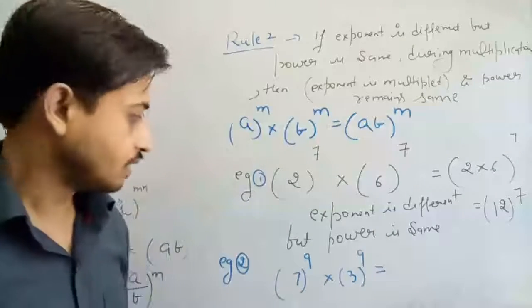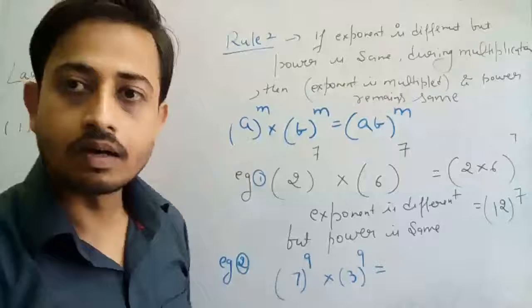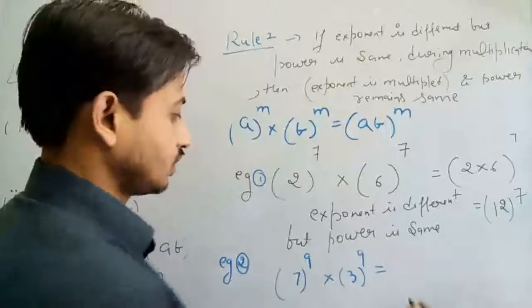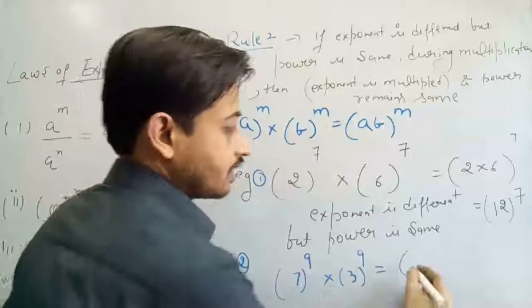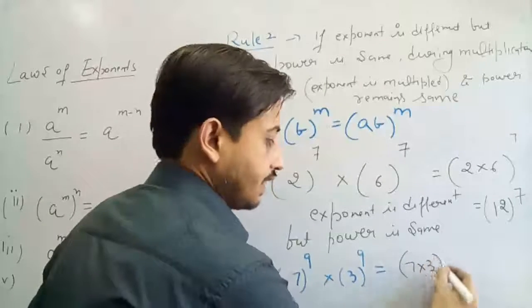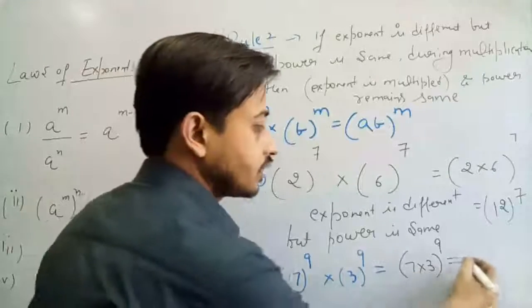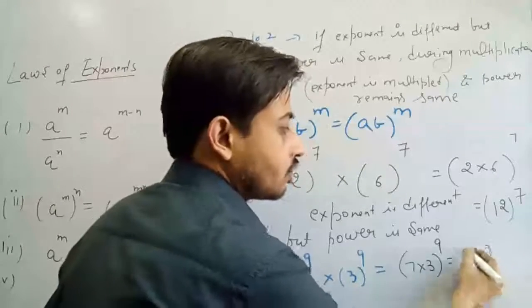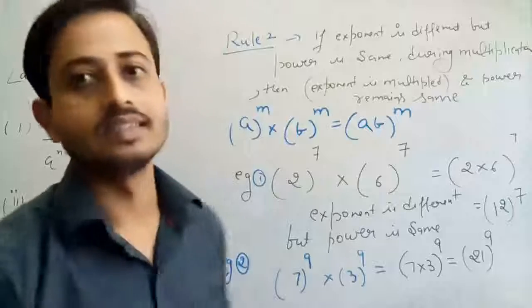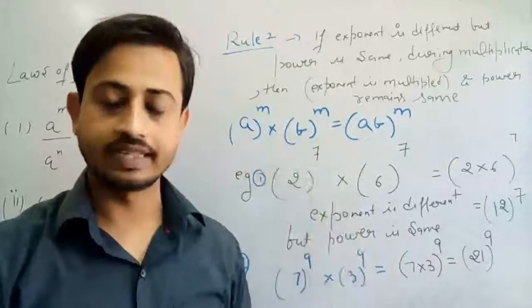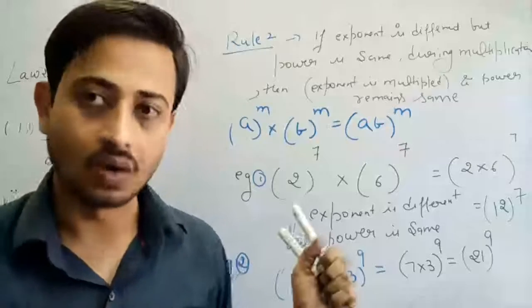The power is same, so the exponents get multiplied. 7 gets multiplied with 3 and the power remains same. 7 into 3 is 21. 21 raised to the power 9. This is the answer. So this is the rule second. Please make a note.